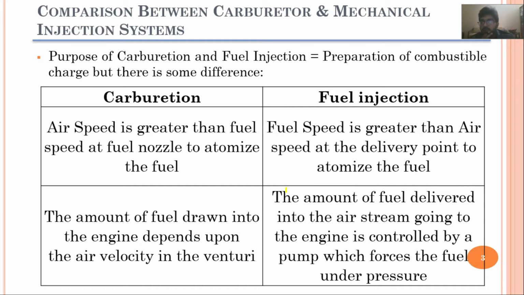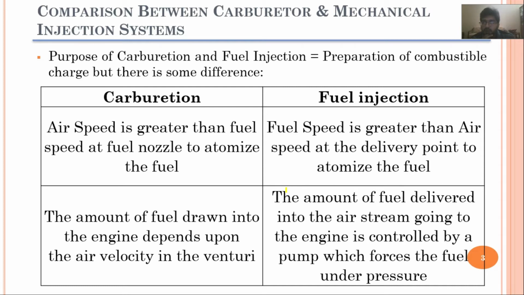The speed will increase until the air reaches the venturi throat. So in carburetors, the air speed is greater than the fuel speed at the fuel nozzle, and because of this phenomenon, air is also atomizing the fuel. It is not only taking the fuel from the float chamber, but it is also atomizing the fuel.